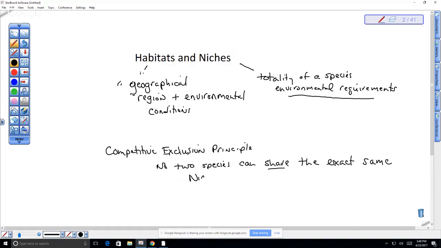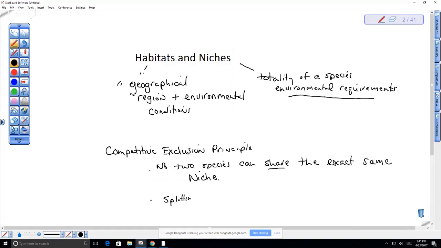Okay. So they will change in response to competition between each other, so that they will have separate niches. And this change is called splitting the niche.